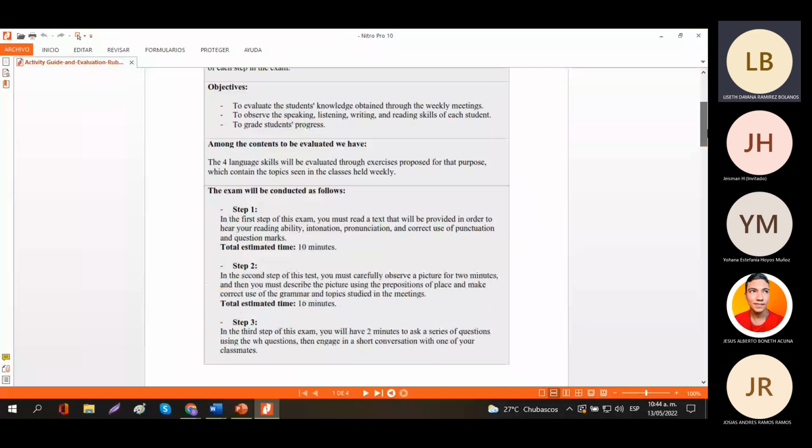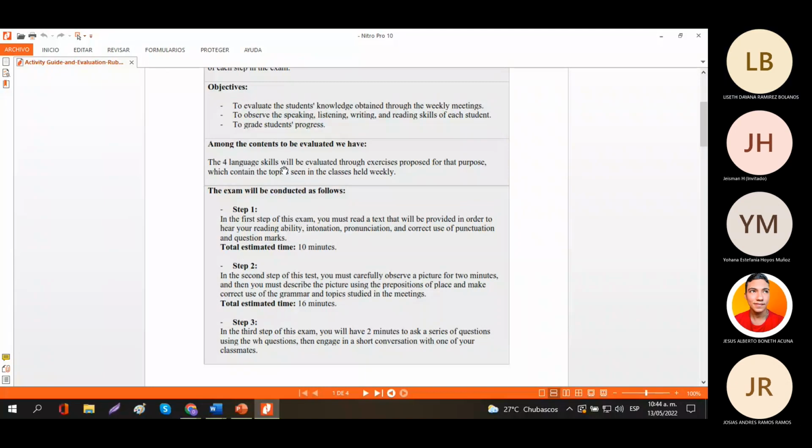The objectives: number one, to evaluate the students' knowledge obtained through the weekly meetings. Number two, to observe the speaking, listening, writing, and reading style of each student. Number three, to grade students' progress.